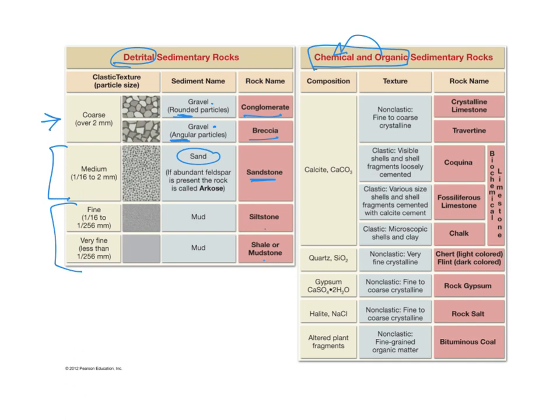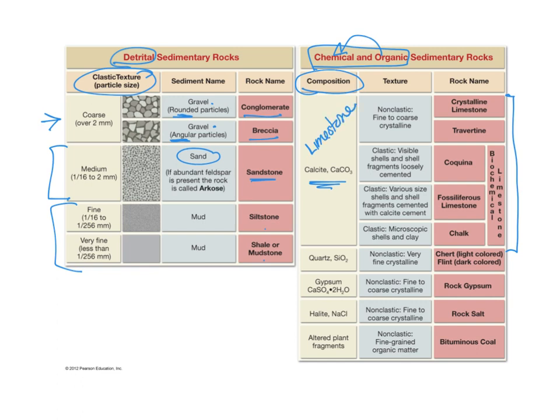So then over here on the chemical and organic sedimentary rocks, the first thing we have is the composition. Over here we have the texture because that was what we used to classify the rocks. But for chemical sedimentary rocks, we use the composition. The first column is calcite. So all of these rocks are made of the mineral calcite, and that makes them all a form of limestone.